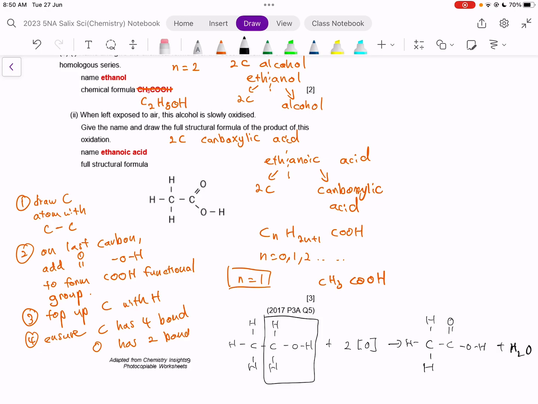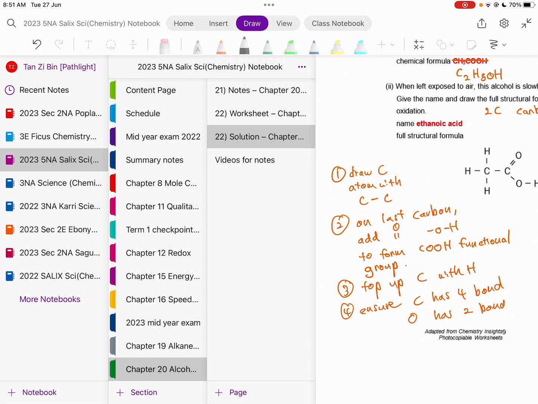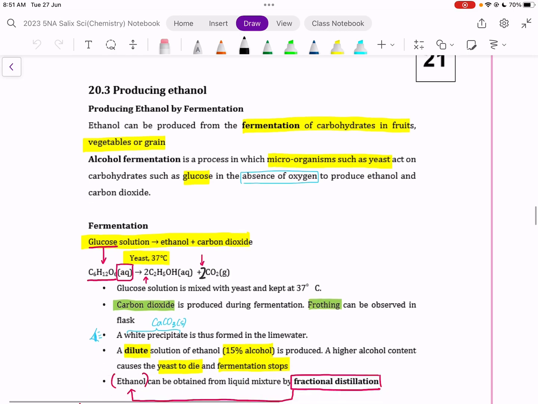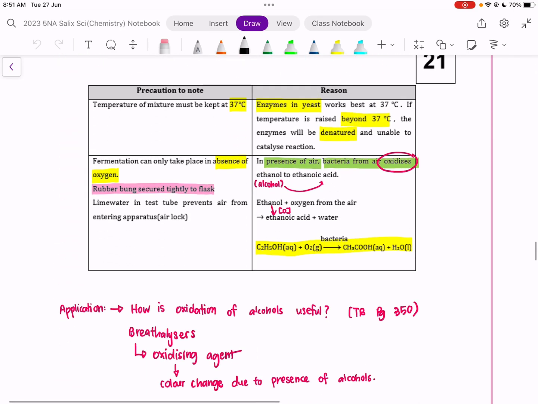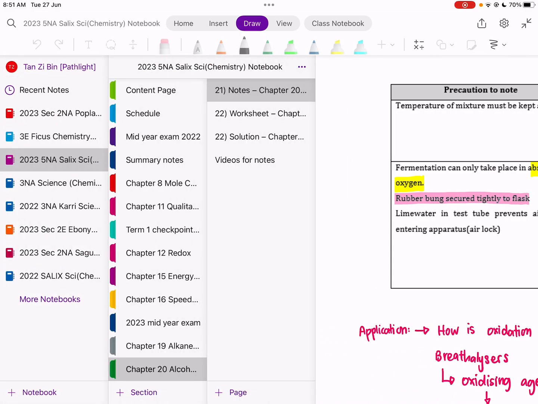It can also be oxidized by oxygen, by bacteria in the air, with oxygen as well. Like for example here, after fermentation, this one is oxidized by oxygen in the air.